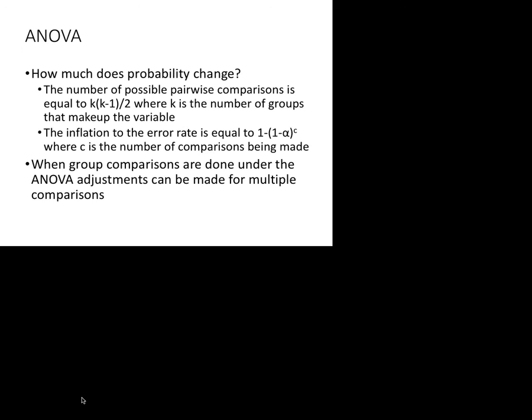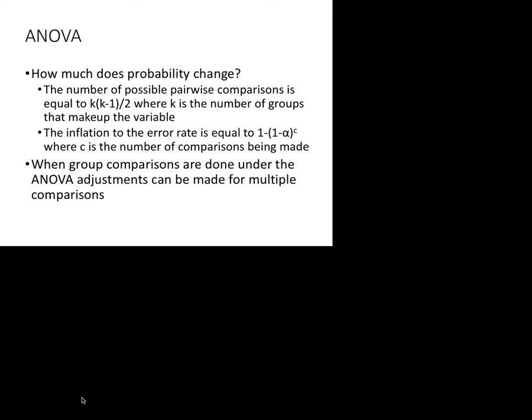You'd be able to do the calculations on your own. So if we want to answer this question, how much would doing those multiple t-tests change my probability of making a type 1 error?